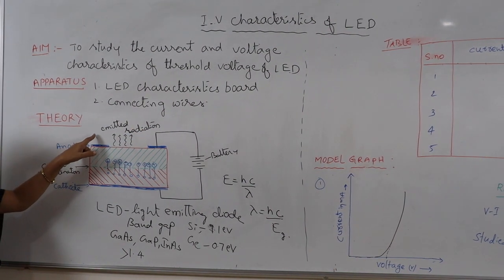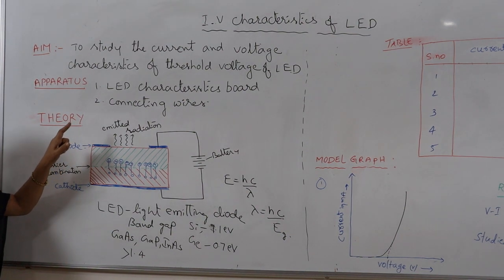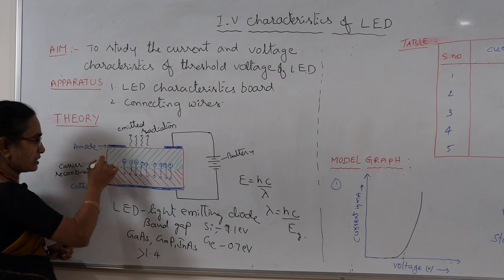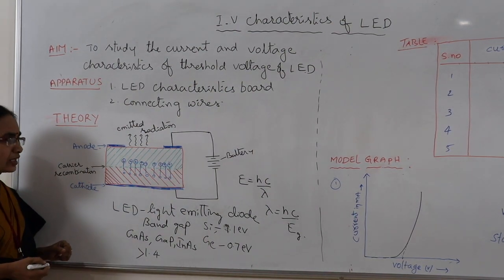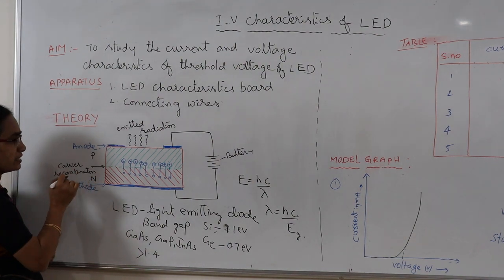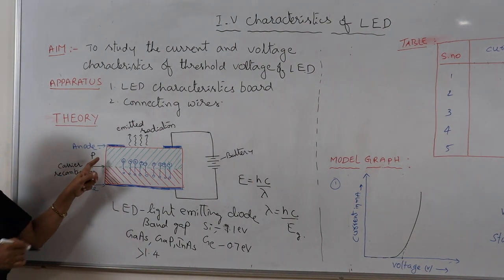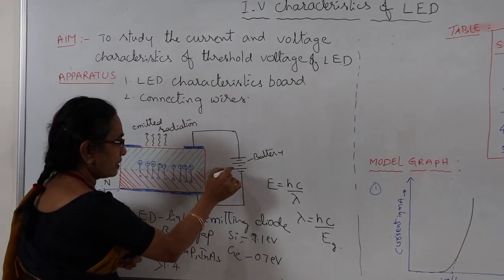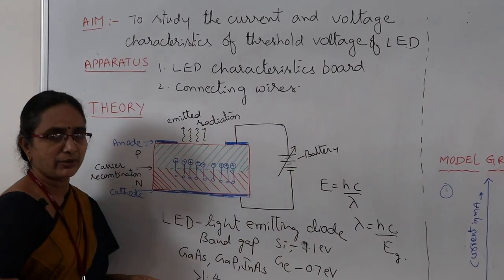Let us see the theory of this experiment. This is just a diode, this is the LED, and here we have the P side and the N side. This is nothing but a normal diode, and to it you connect a variable battery.